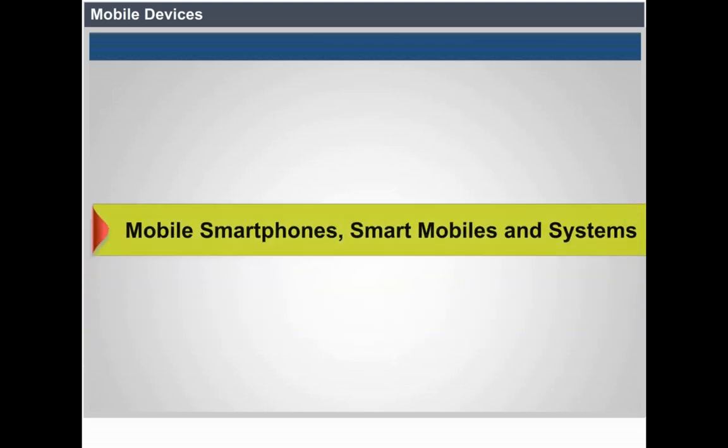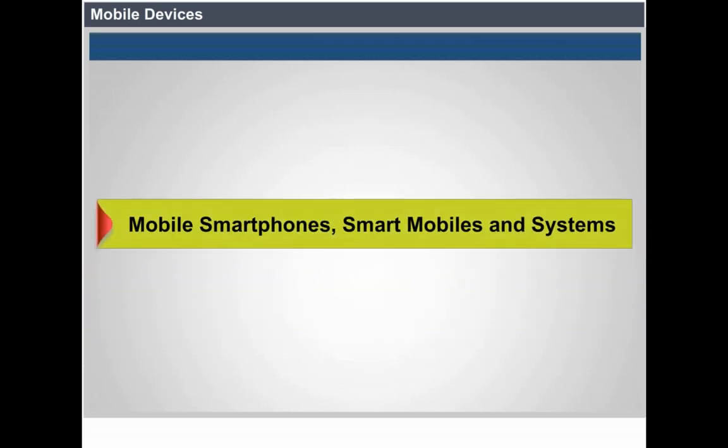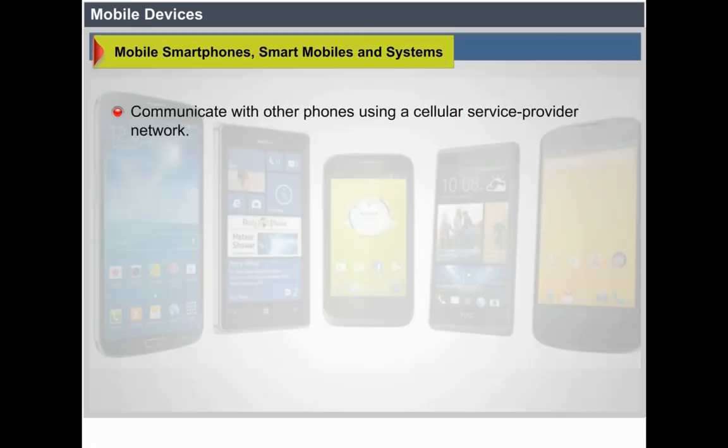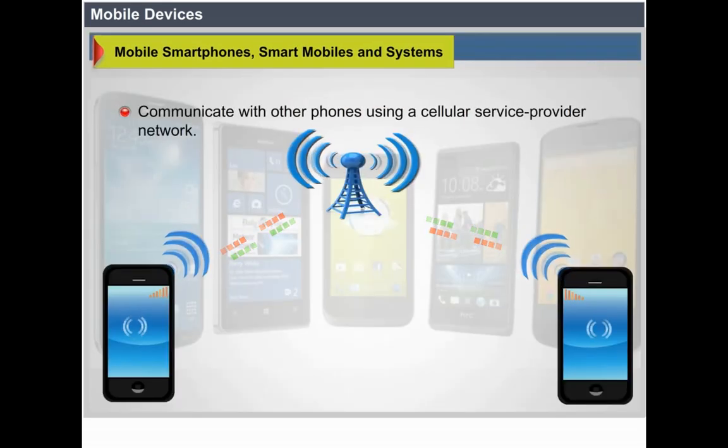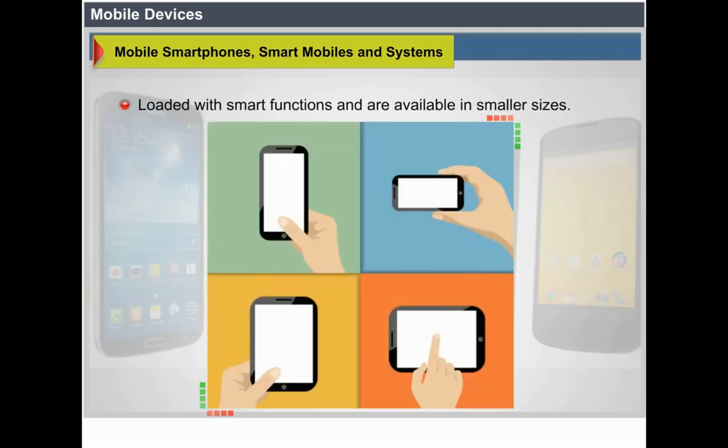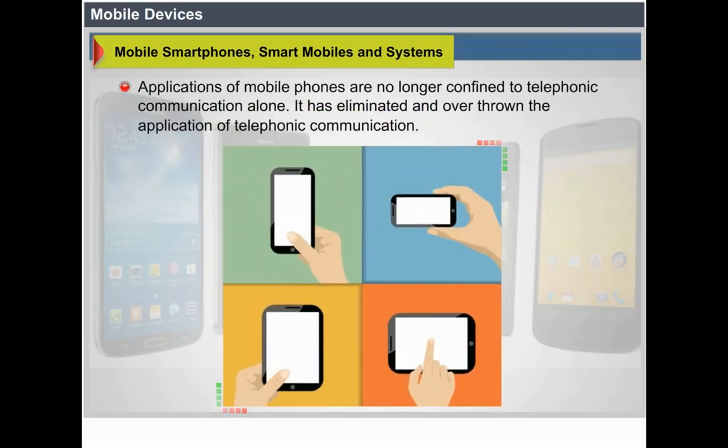Mobile devices. Mobile smartphones, smart mobiles and systems communicate with other phones using a cellular service provider network. Packed with smart functions and available in smaller sizes. Applications of mobile phones are no longer confined to telephonic communication.